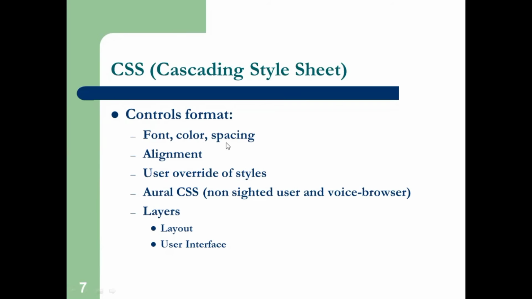Fonts, color, spacing, alignment. I can align in the center, I can align at the right side of the screen, I can align my text to the left side of the screen using cascading style sheet. When we code this whole thing, you will understand the coding process much better.